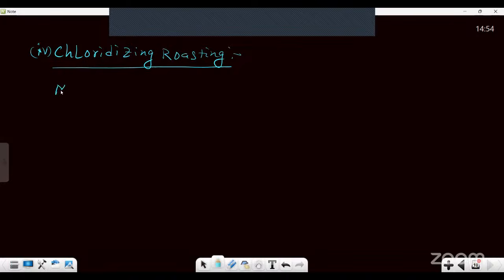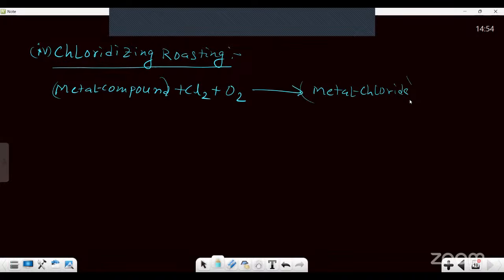Say for example, if I have a metal compound, and I am actually giving chlorine in it, in the presence of oxygen. So roasting means it will have oxygen. Always remember, without oxygen, roasting will not happen. So we will get metal chloride, which is volatile in this case, plus the byproducts.